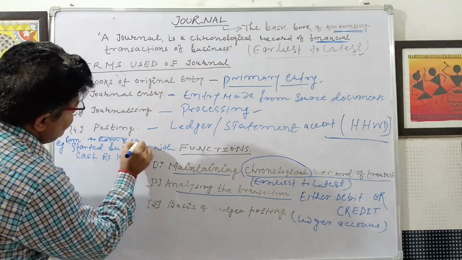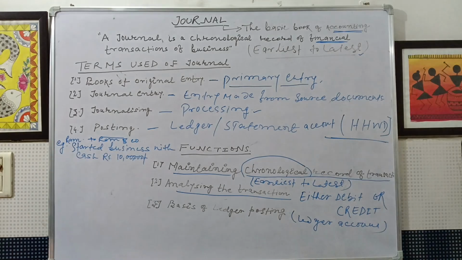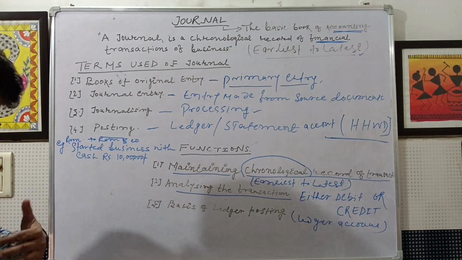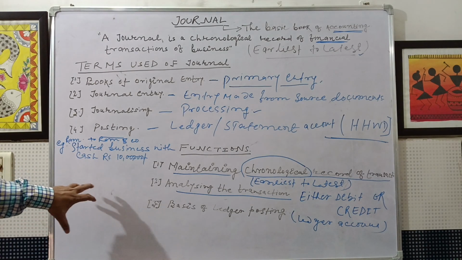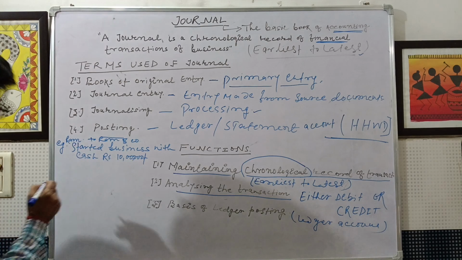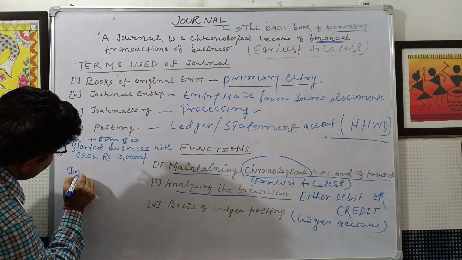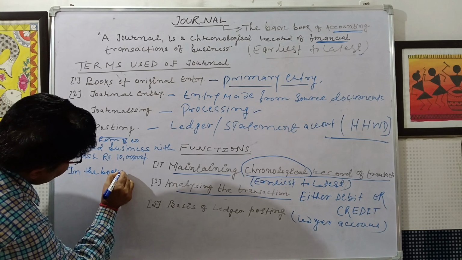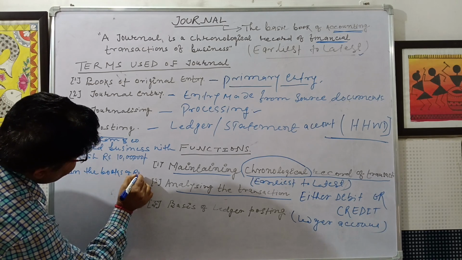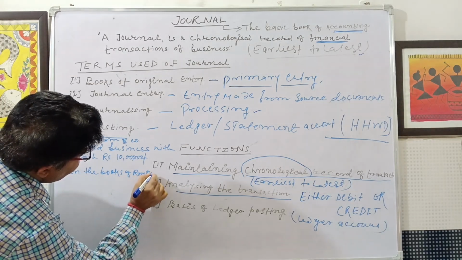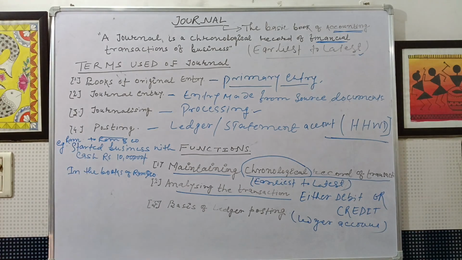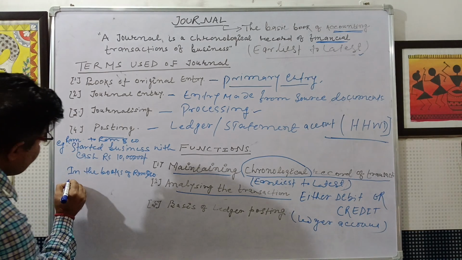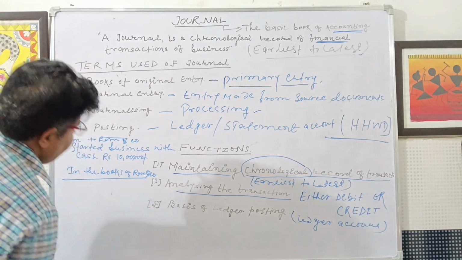It means the books of account is Ram and Company. So we make a journal entry in the books of Ram and Company.